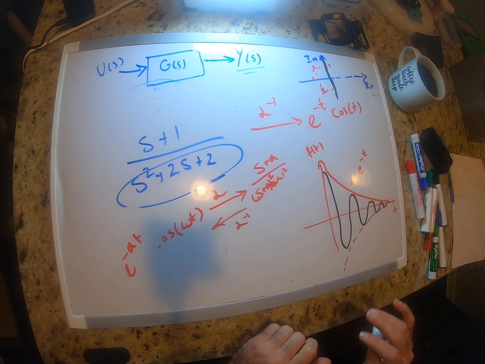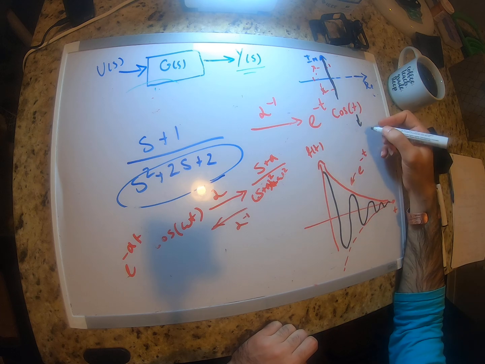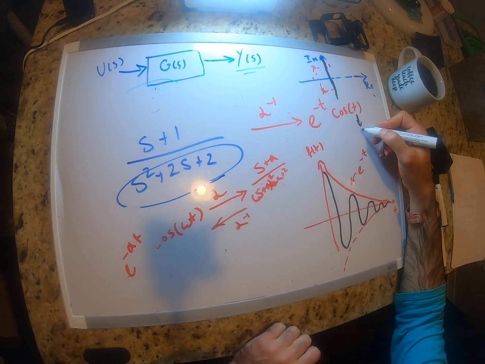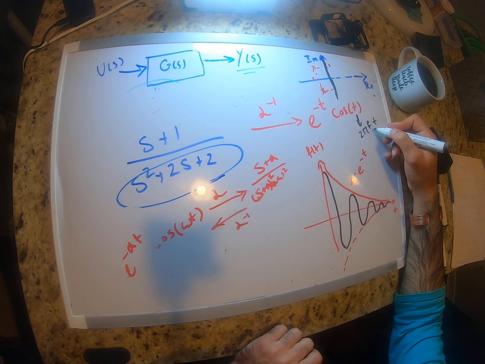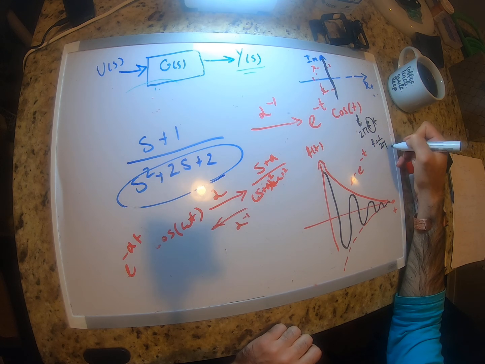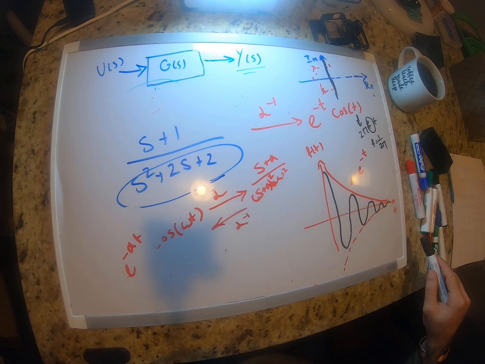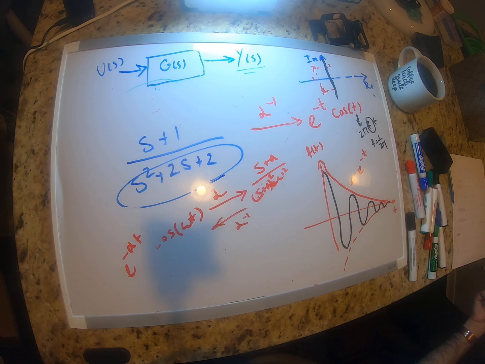So this is what's happening here, and the frequency here, if you look at this, this is 2 pi f times t, right? So the frequency here is actually 1 over 2 pi. This is the frequency of the oscillation that you see here. So that's the impact of having complex roots.